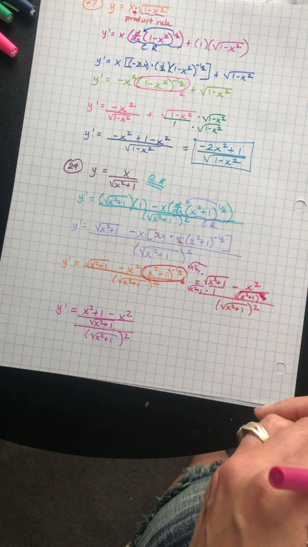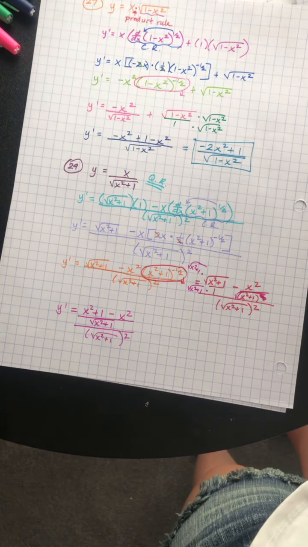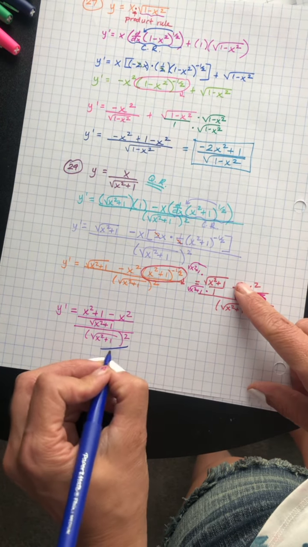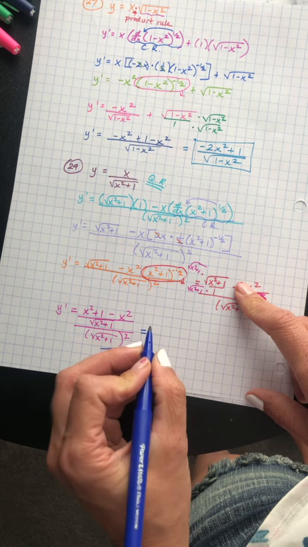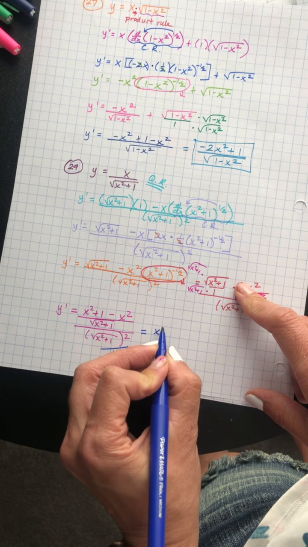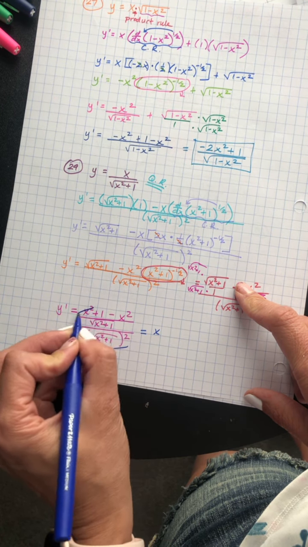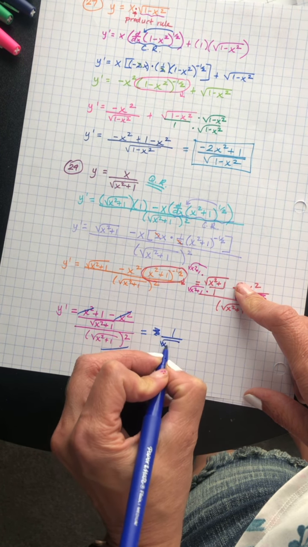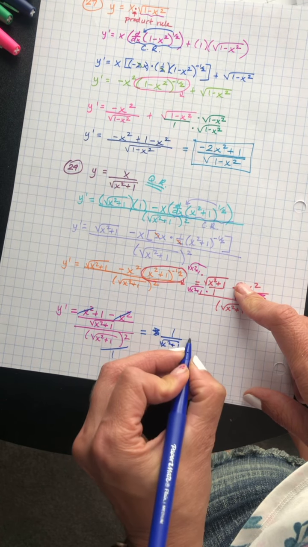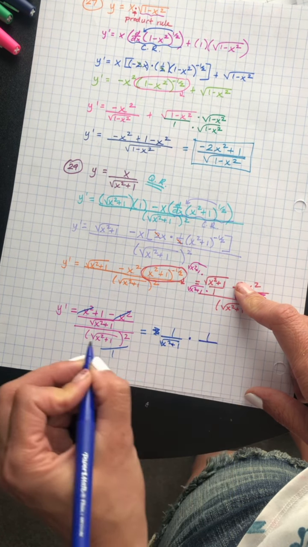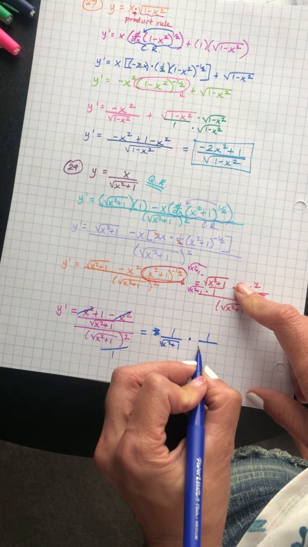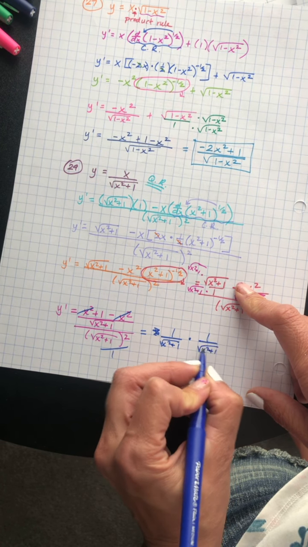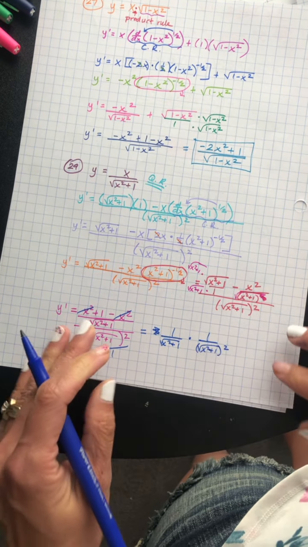So we have a fraction divided by a fraction. So dividing fractions is easy as pie. Flip the second and multiply. So we'll have x squared minus x squared, those cancel out. So I just have a positive 1 over x squared plus 1 times, flip the second and multiply, so 1 over the square root of x squared plus 1, quantity squared.